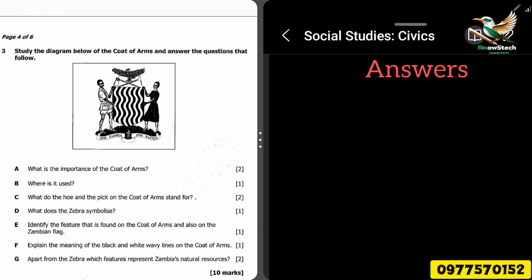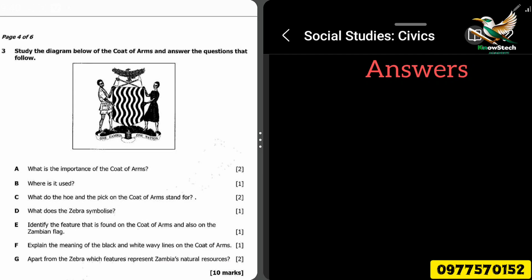The zebra symbolizes wildlife. Identify the feature that is found on the coat of arms and also on the Zambian flag. It is the fish eagle. The eagle.